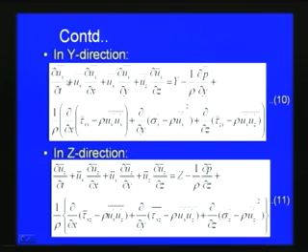In the y direction: ∂ū_y/∂t + ū_x ∂ū_y/∂x + ū_y ∂ū_y/∂y + ū_z ∂ū_y/∂z = Y − (1/ρ)∂p̄/∂y + (1/ρ)∂/∂x(τ_xy − ρu_x'u_y'‾) + ∂/∂y(σ_y' − ρu_y'²‾) + ∂/∂z(τ_zy‾ − ρu_y'u_z'‾). So, this is equation number 10.